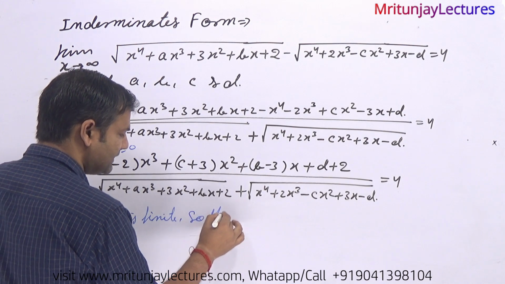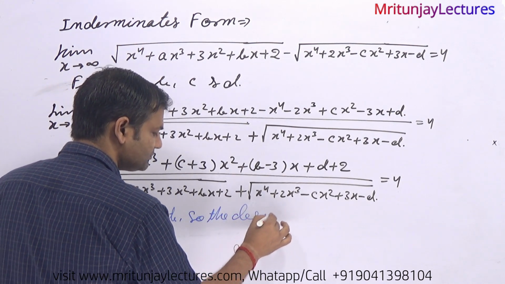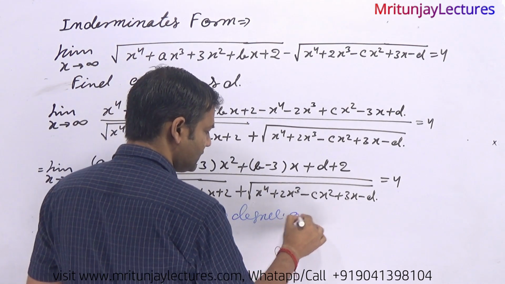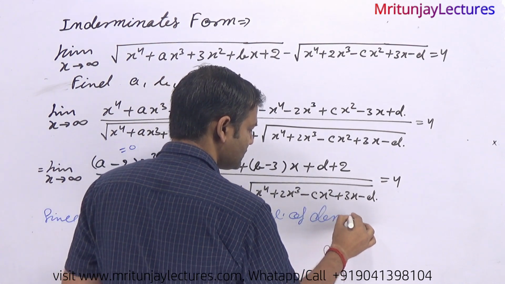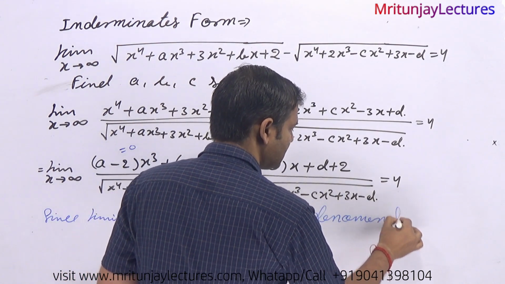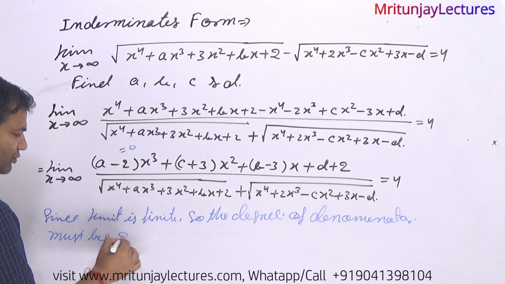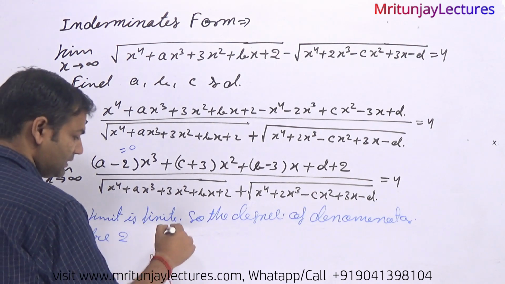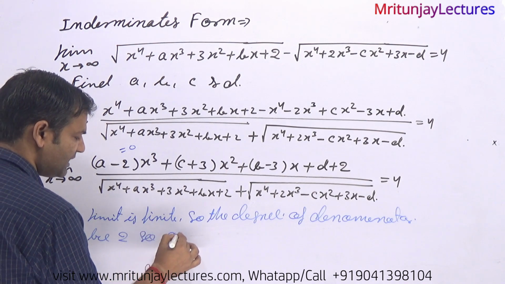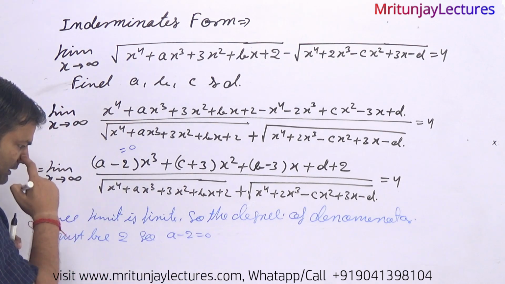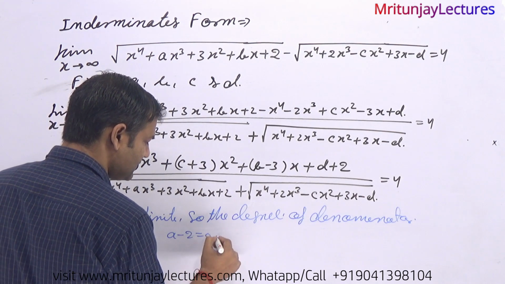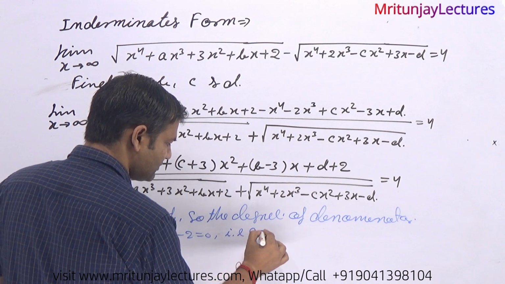So the degree of the denominator must be 2. So a minus 2 will be equal to 0, which means a will be equal to 2.